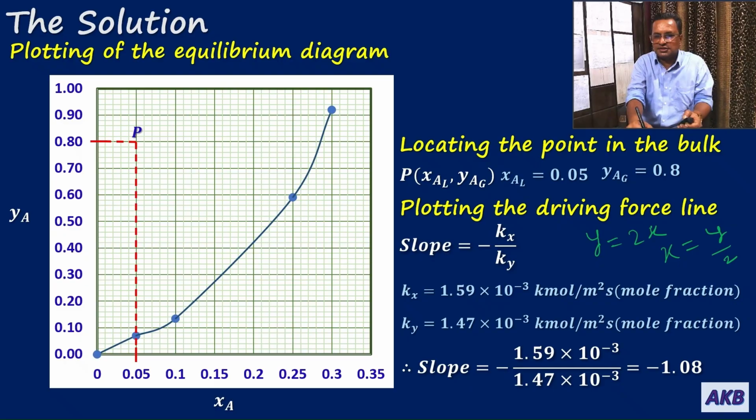Now in our case, the line is of negative slope. So the line will be plotted like this. This will be the slope, the angle made by the line with the positive x-axis. This is the x-axis and this is the negative y-axis. The slope is the angle made by the line with the positive x-axis.